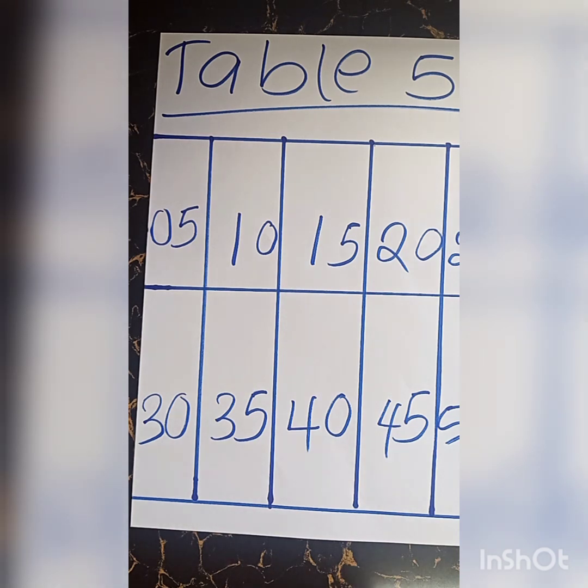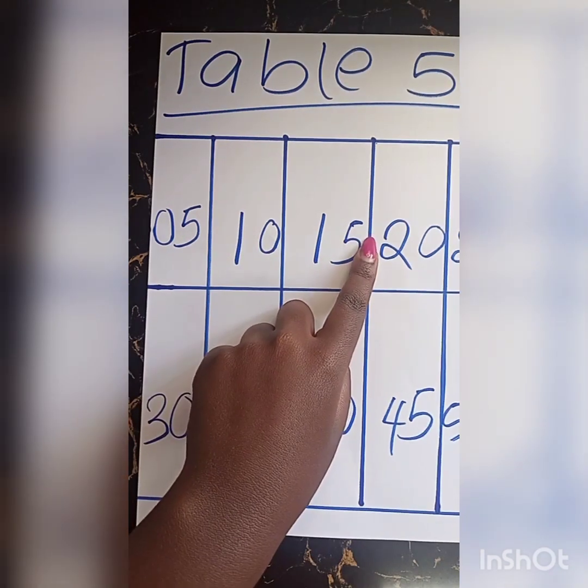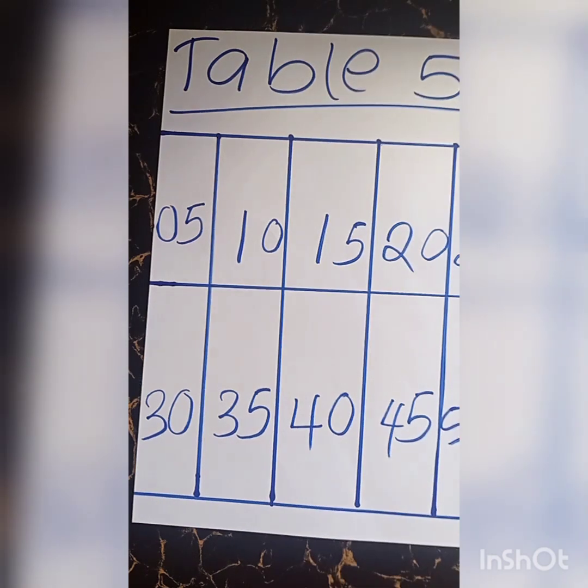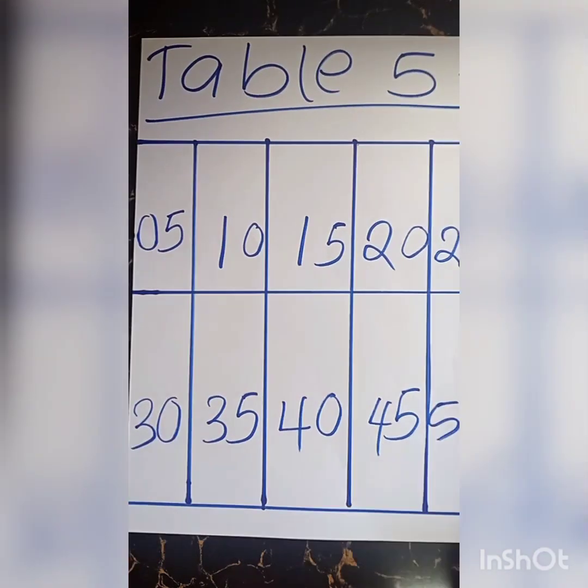Every time you have a 0 in the ones place, we are expected to write a new digit. And you also need to remember that we are supposed to write all the numbers from 0 to 5 in ascending order. And just like that, you have your table 5.